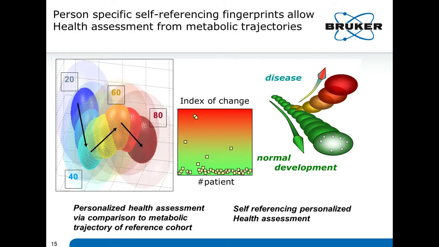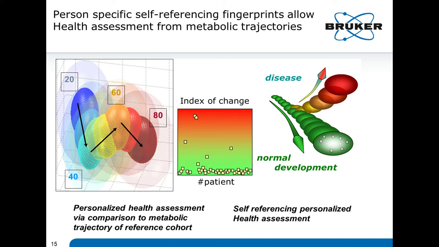Now, I want to go a little bit back into precision medicine. You have already seen this metabolic trajectory, and you see that there are areas where this trajectory actually is quite stable. Of course, this trajectory has been built from a large number of participants.